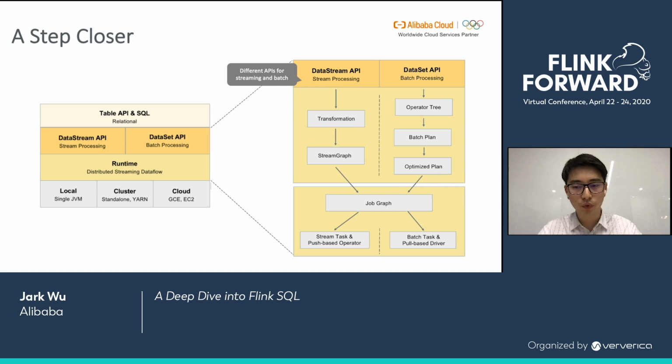The code is hard to reuse because we have different APIs, and the translation path is also different. DataSet has a small optimizer in it, which often conflicts with our SQL-scope optimizations. This makes us very upset, and besides, the execution mode is also different.